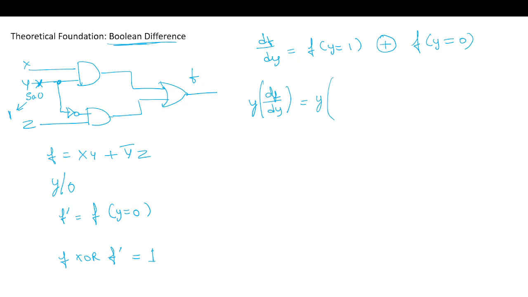What is the y equal to 1 equation if we substitute here? It is x plus 0 z, XORed with this will be 0, this will be 0, and this will be 1. So it's z. So it will be y x bar z plus x z bar y.